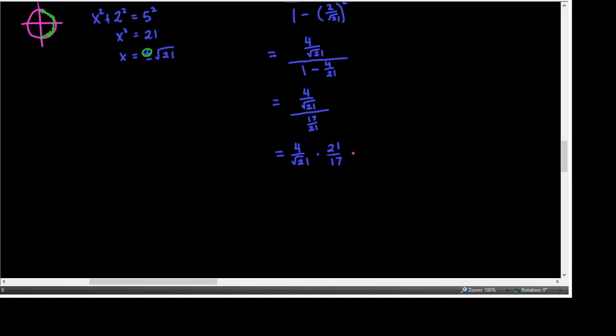So I think in this step I'm going to go ahead and multiply by square root of 21 over square root of 21 to get rid of that radical. And so that's going to be 4 times 21 times the square root of 21 over 17 times the square root of 21 times the square root of 21 is 21.